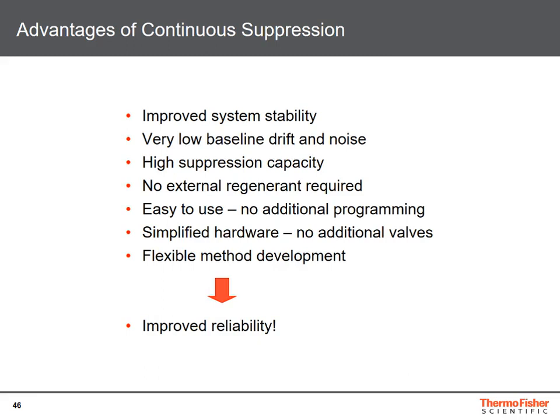Typically, we don't need any external regenerants such as acids or bases. They are relatively easy to use. There's no additional programming in the software. In conclusion, we have a simplified hardware, no additional valves, allowing a very flexible method development, and overall, those kinds of systems exhibit an improved reliability.